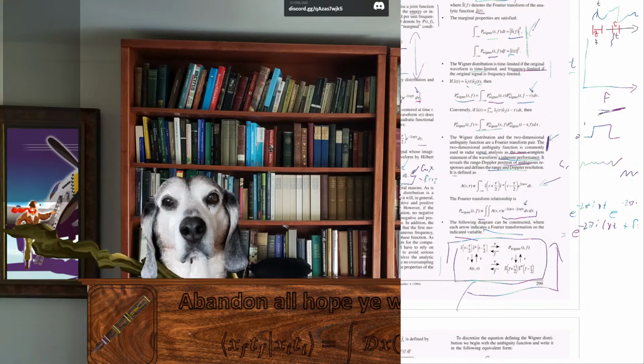Anyway, the Wigner distribution is time limited. Okay. So if S tilde of t is what you get if you multiply two signals, combine two signals together, then you integrate the two Wigner functions together over this dummy variable nu.